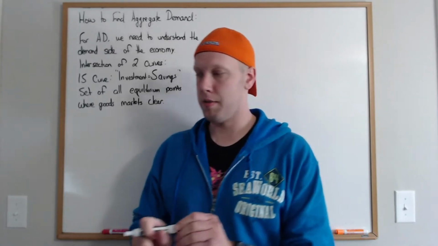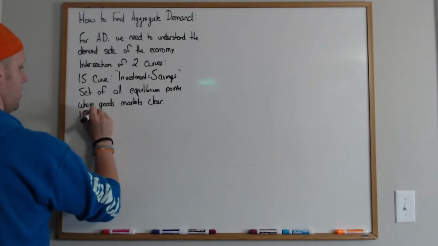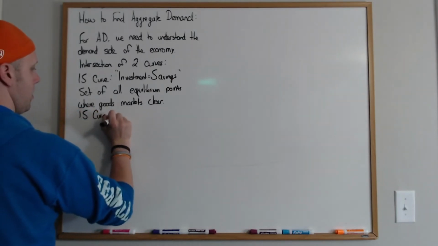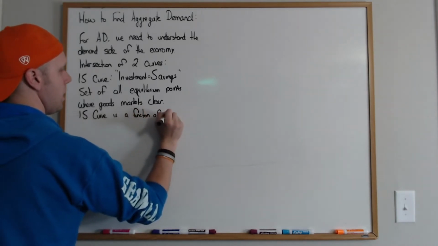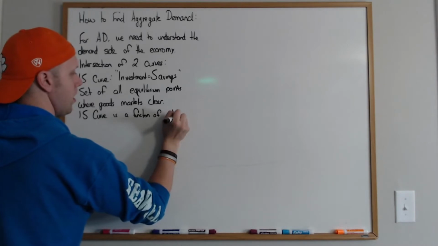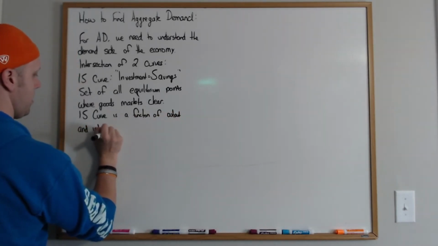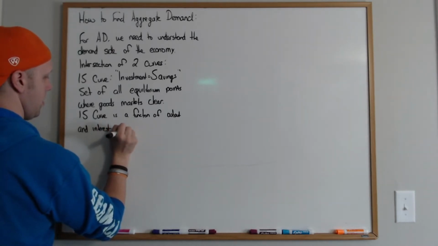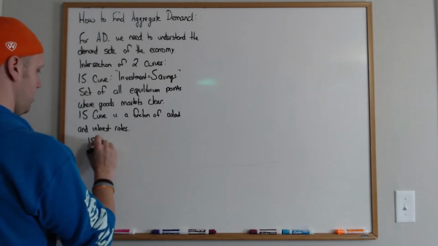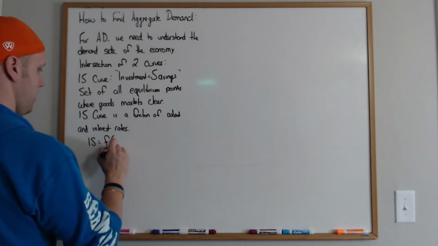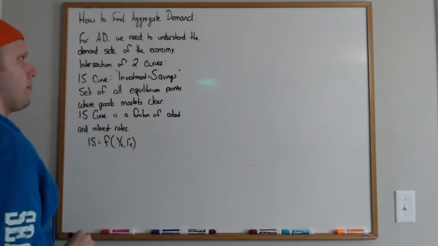The IS curve is a function of output and interest rates. Okay, so we can sort of write it like IS equals, I don't know, F of Y and R, right?